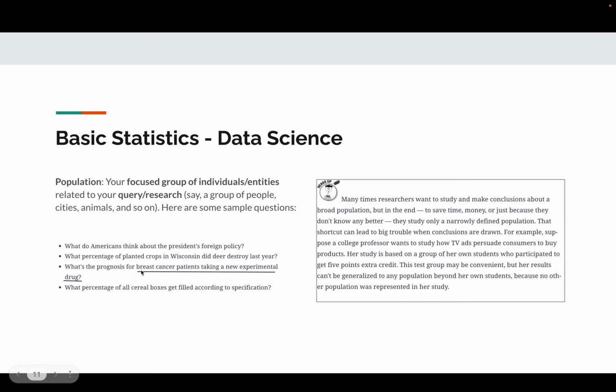We're talking about the breast cancer patients who took this new experimental drug. So we are talking about a subset of people who have breast cancer and also tried a new experimental drug. So these are examples of your population.